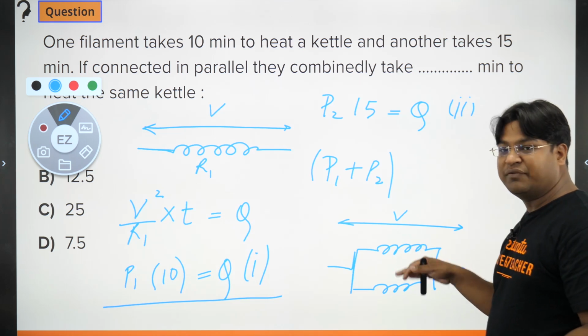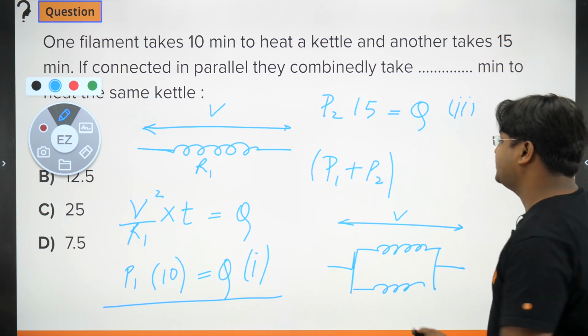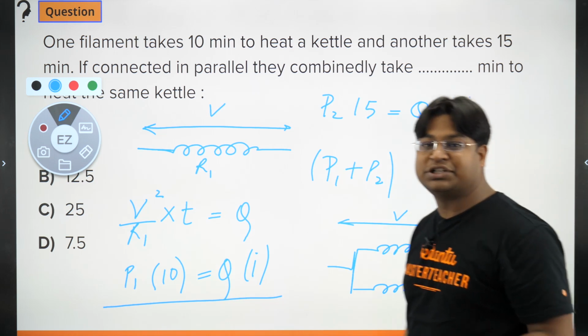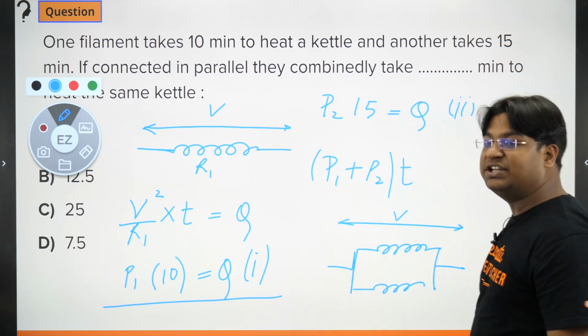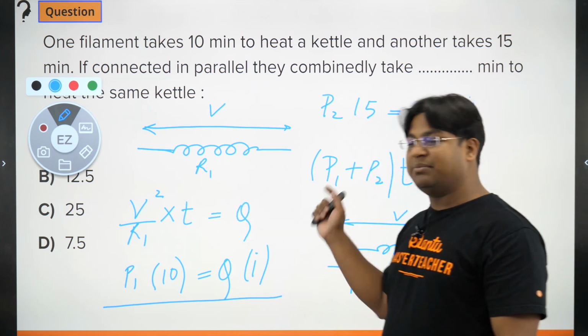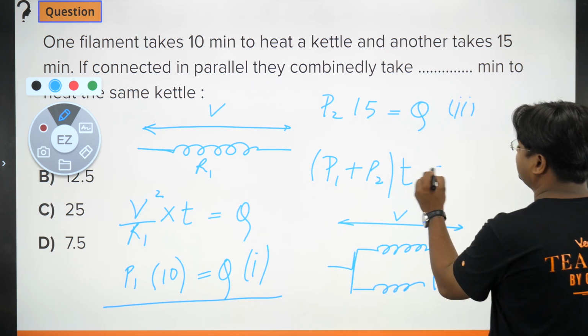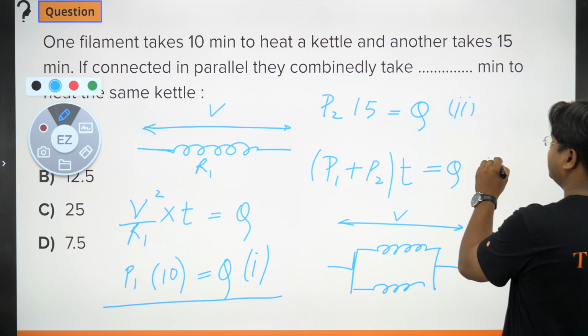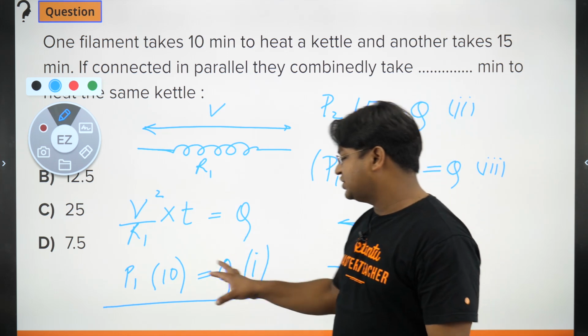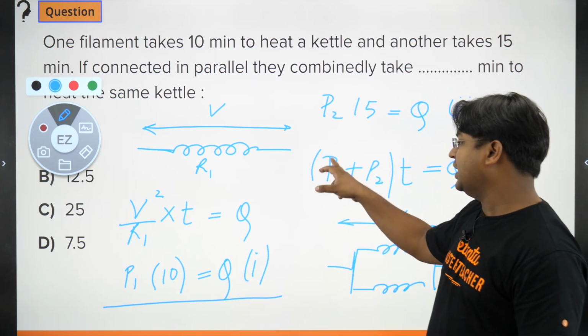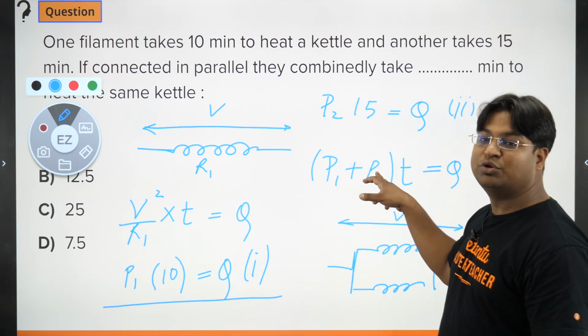So this one is producing P1 power, this one is producing P2 power, which means the total power produced by the combination now is P1 plus P2, and let's say it takes T minutes, I've kept time in minutes everywhere, to generate the same amount of heat. So T is what we want to know. So what we can do is write P1 as Q by 10, and P2 as Q by 15.